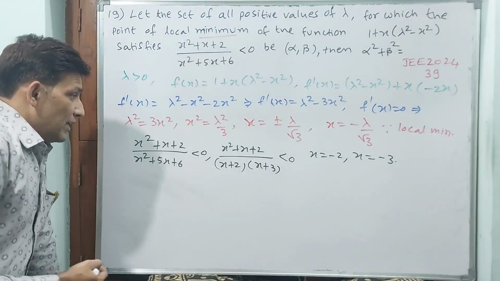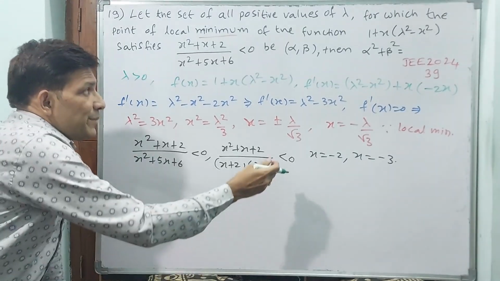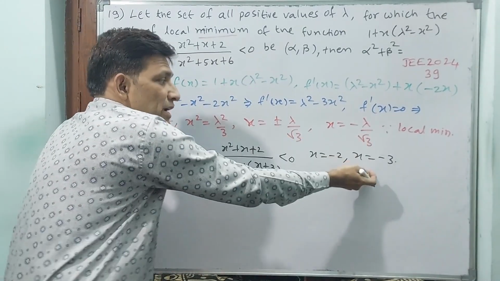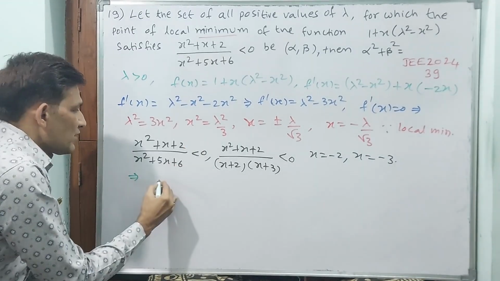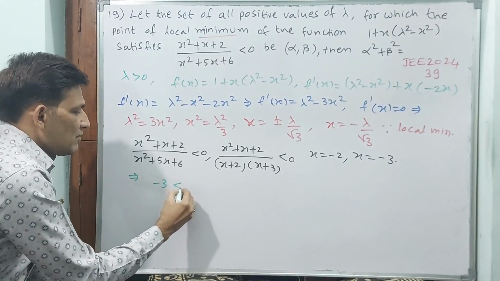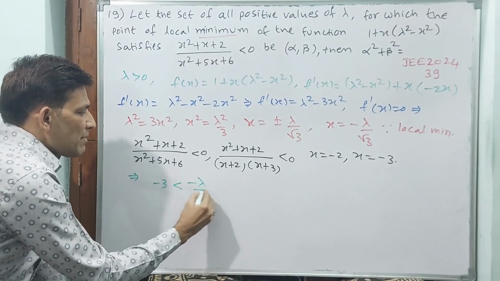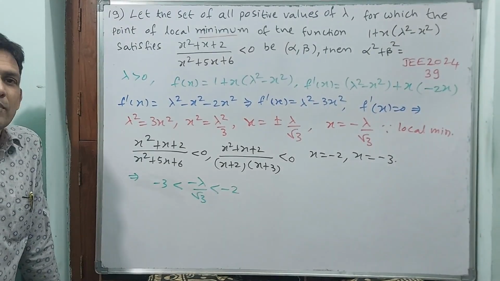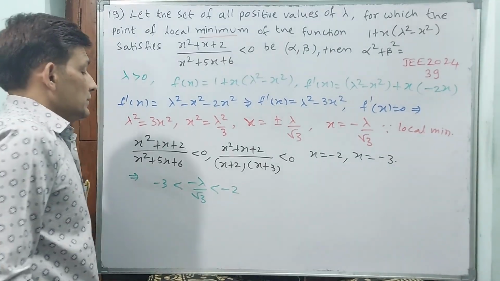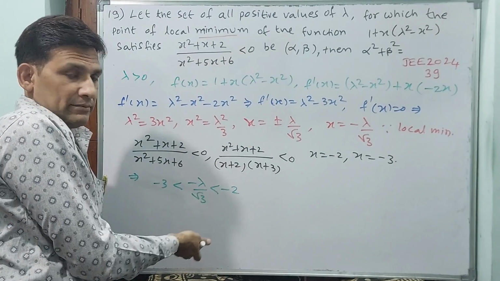These are the critical points. Now this value should be in between. So I am writing minus 3 is smaller, then minus lambda by root 3, and then minus 2. Now it is satisfying.